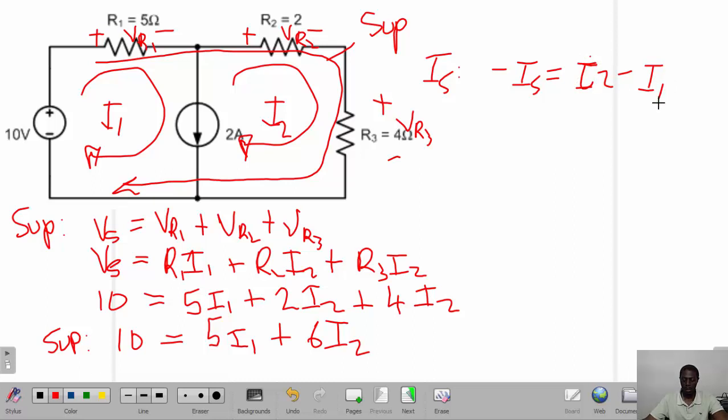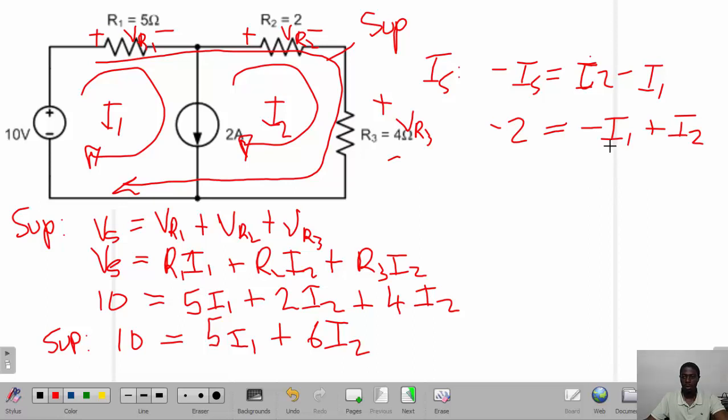If we apply the values in here, we have minus 2 equals, in this case we can consider this as minus I1 plus I2. So these are the two equations that we have to solve simultaneously.